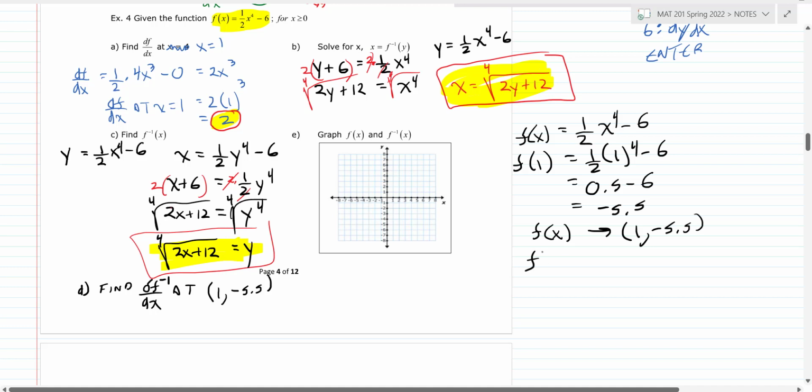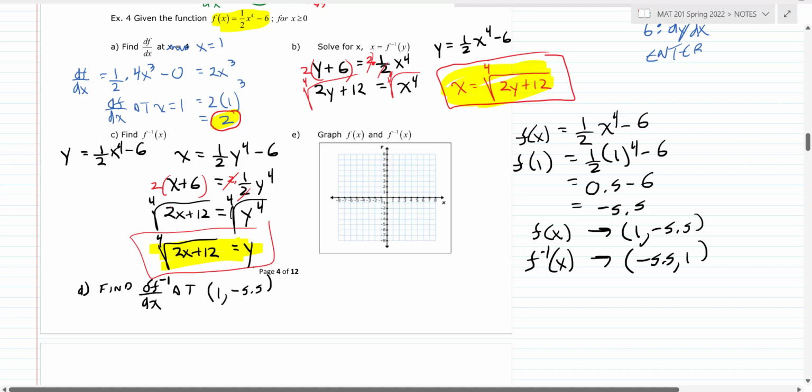So what we're interested in is what's happening at the point on the inverse. So we're going to be looking at this point right here. So we don't have to really do anything. I'm going to show you 2 ways to do this. But really all we've got to do is take the reciprocal too, because these points are inverses of each other.